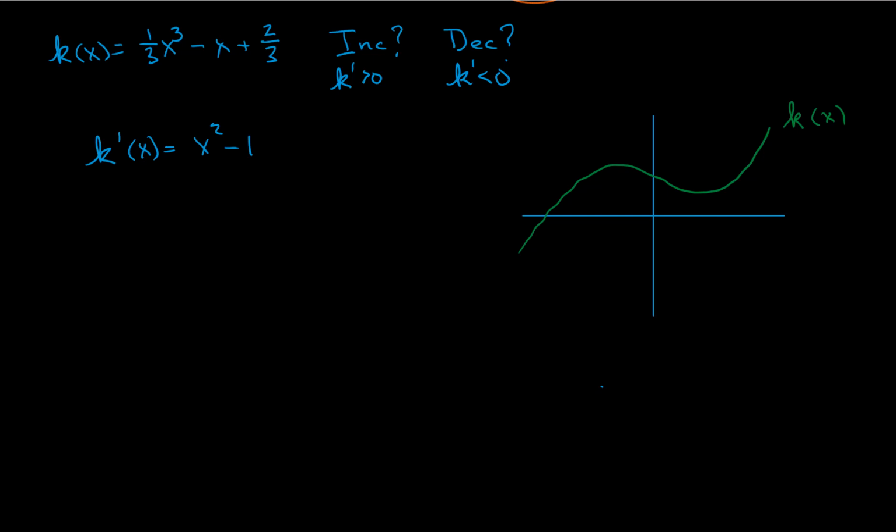There are two very important locations on this graph. One of those occurs right here. It's a maximum. At the maximum, the derivative is 0. Okay, remember the slope of the tangent line there is going to be 0. Similarly, over here a little bit to the right, we are at a minimum.